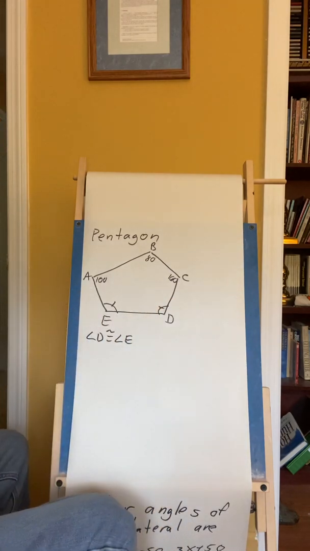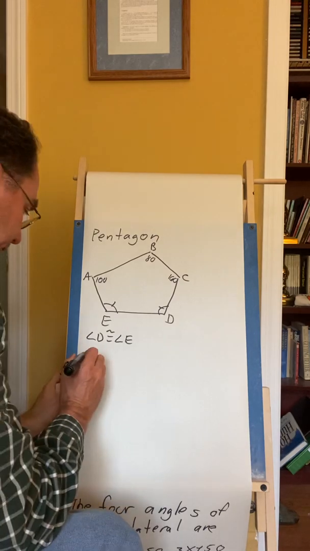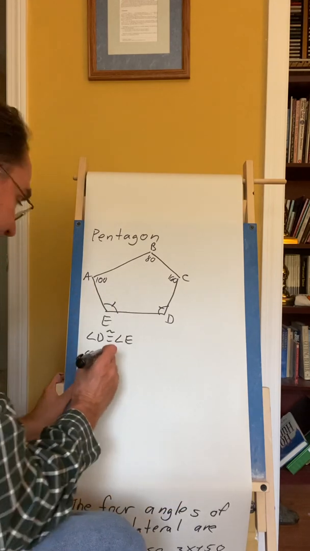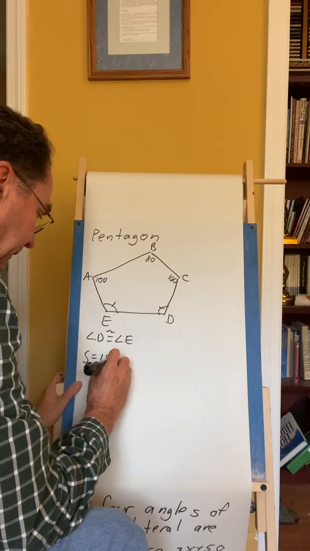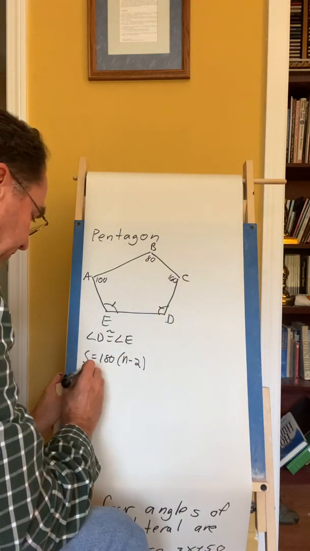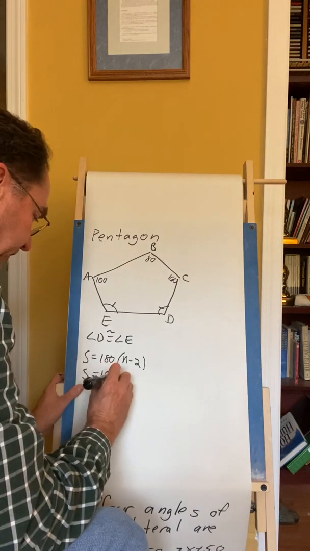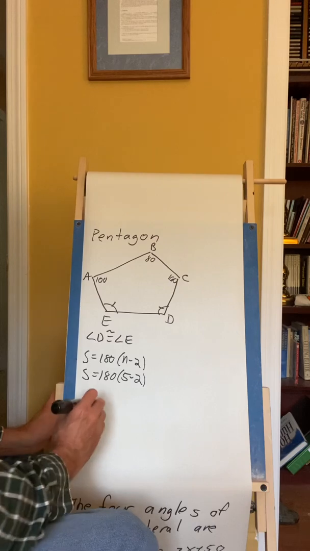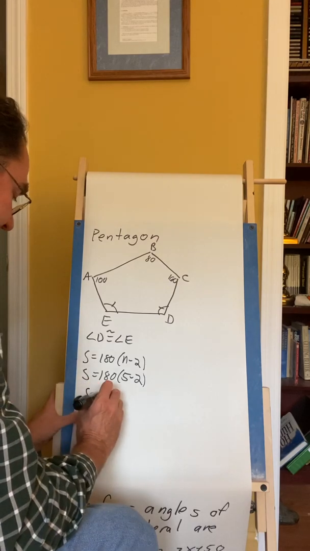Well, we need to know what all five angles add up to in a pentagon. And if we use our formula, or if you remember from the last assignment, either way, 180 times n minus 2. Well, what's 5 minus 2? That's 3, isn't it? 5, because that's the number of sides in a pentagon. So what is 180 times 3?